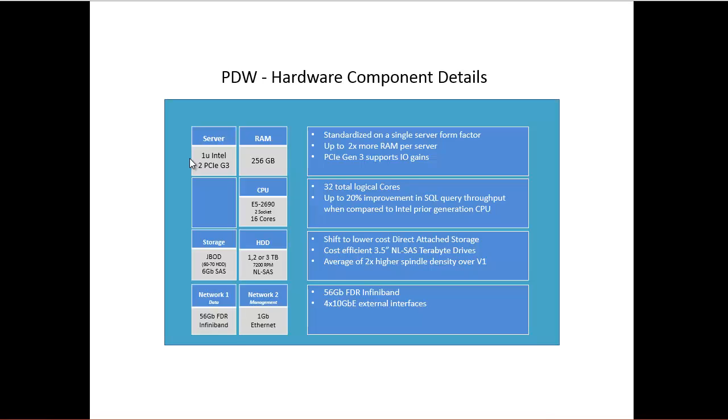So here are just some of the details of the components within each one of these servers. It's a 1U type box with JBODs attached, and the other specifications on there. You can have a few different varieties of disks within the JBOD, depending on your size requirements.